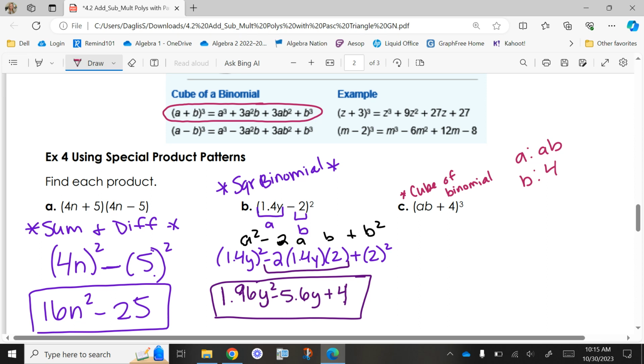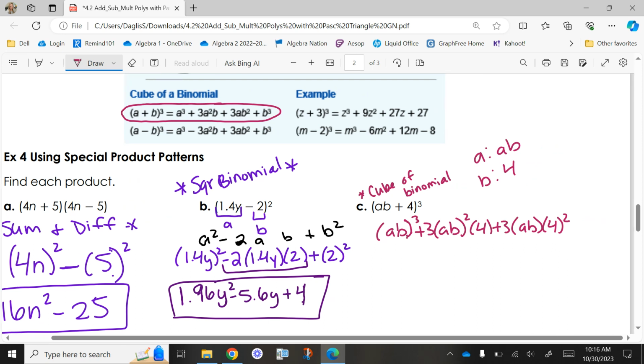So a cubed is going to be ab cubed, plus 3 times ab squared times 4, plus 3 times ab times 4 squared, and then plus 4 to the power of 3.